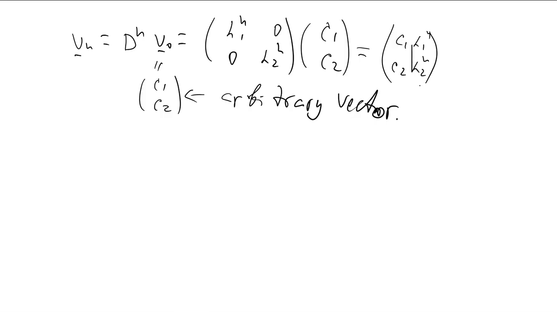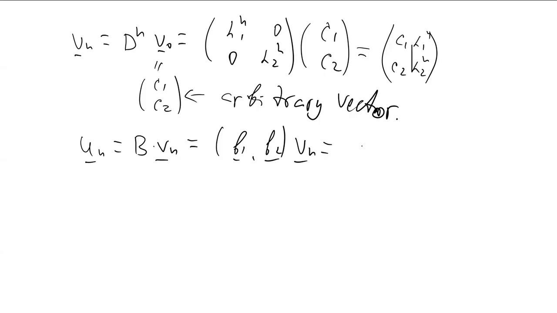And finally, since un is b times vn, or it is b1, b2 times vn, this will be equal to b1 times vn.